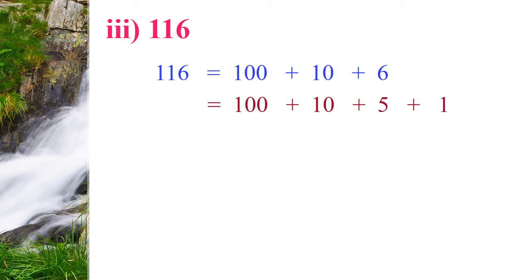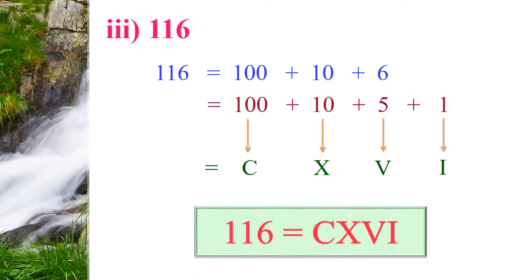So that is 100 plus 10 plus 5 plus 1. So next, insert the symbols. Here 100 represent C, 10 represent X, 5 represent V, 1 represent I. So finally, we should write the symbols together. So we get 116 equal to CXVI.